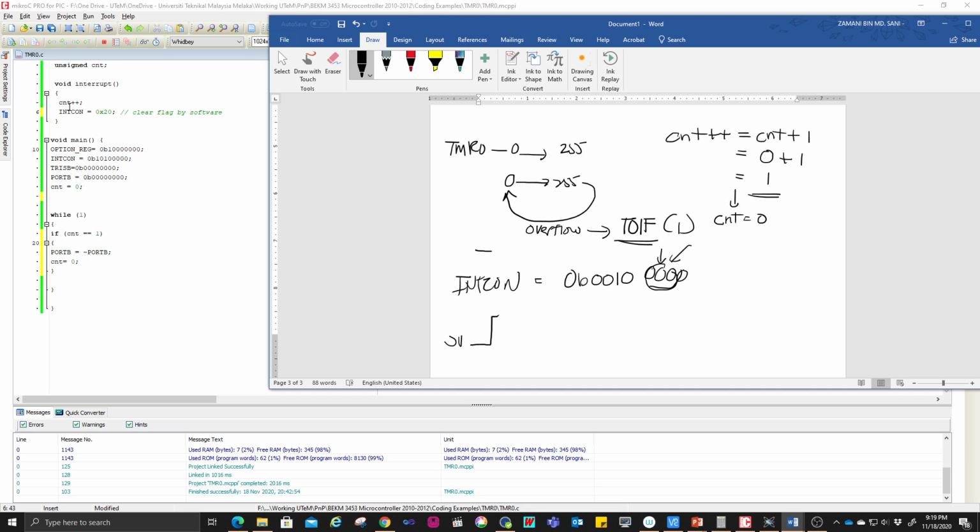Then you will do this one, count plus plus, which is back to 1, and then reset back the flag and go back to here. If count is equal to 1, which is already 1, it will invert back the port B voltage. So you can see now your value from 5 will go back to 0. And this process keeps on repeating.